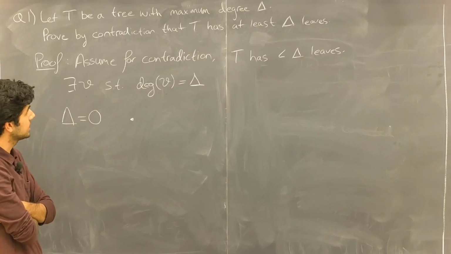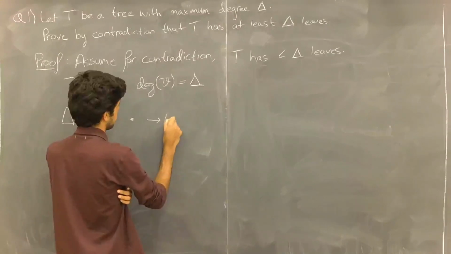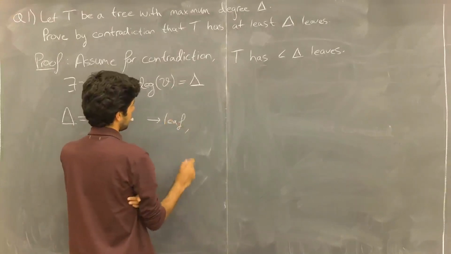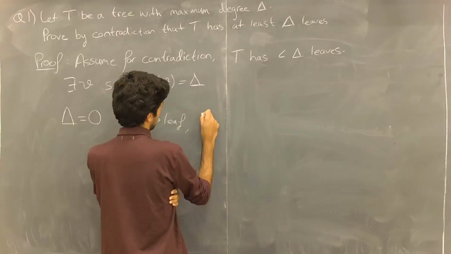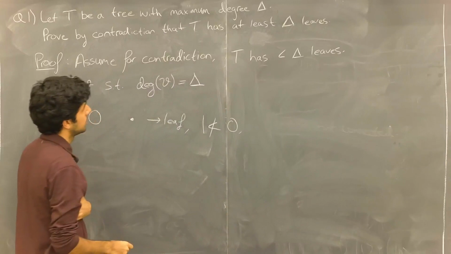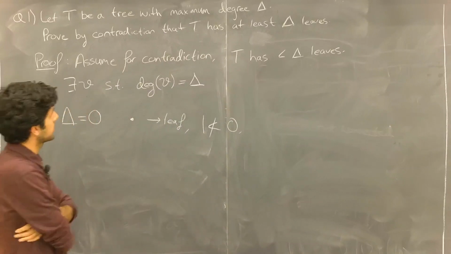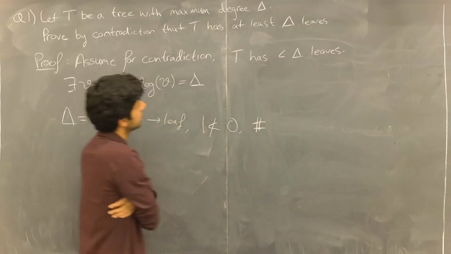So in this case, we consider this to be a leaf. And we have that 1 is not less than 0. So that would contradict our assumption here. So this is a contradiction.